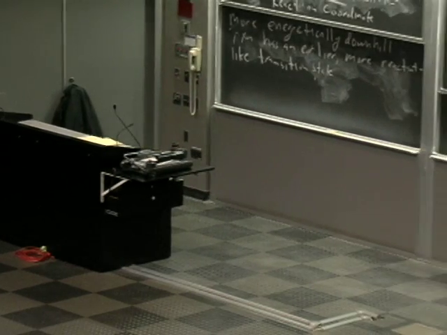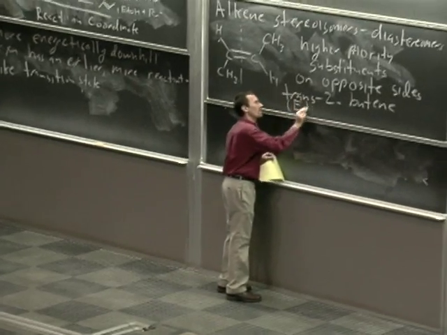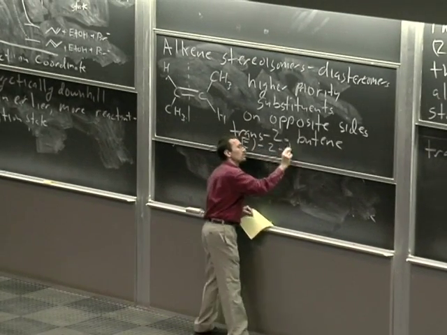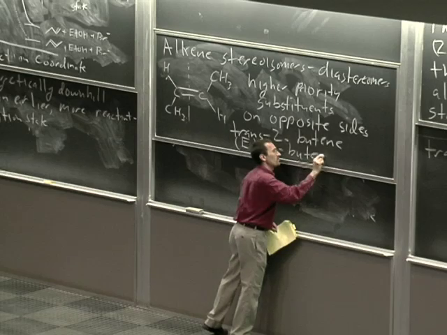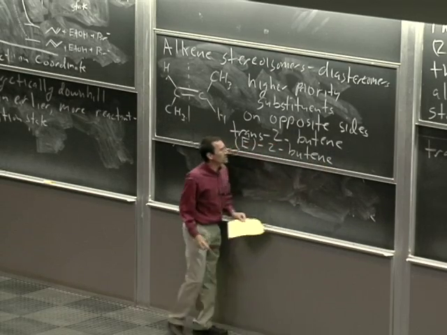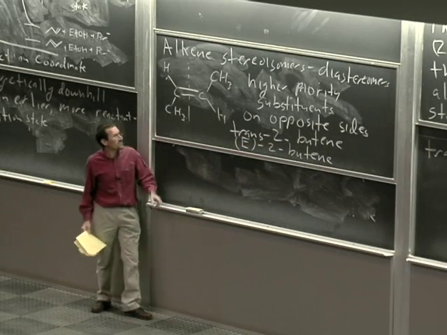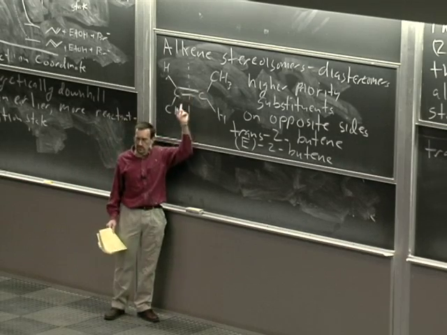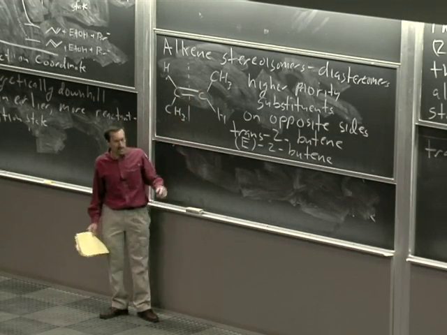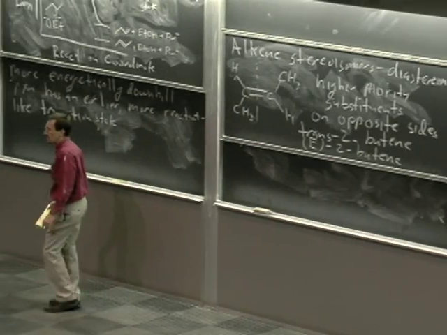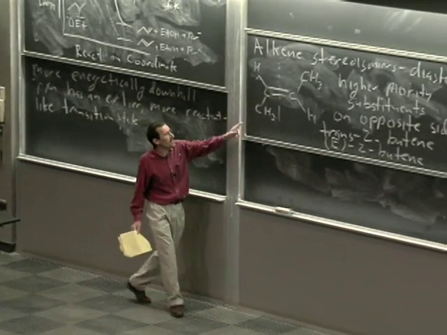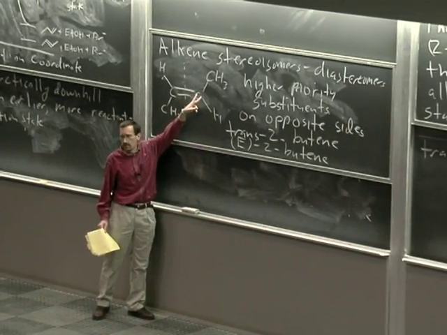So another perfectly acceptable name for this is E-2-butene. It's the more general name. But generally, when talking about di-substituted alkenes, two different substituents on the double bond, people will talk about cis and trans. And of course, by di-substituted, I mean di-substituted on opposite sides.